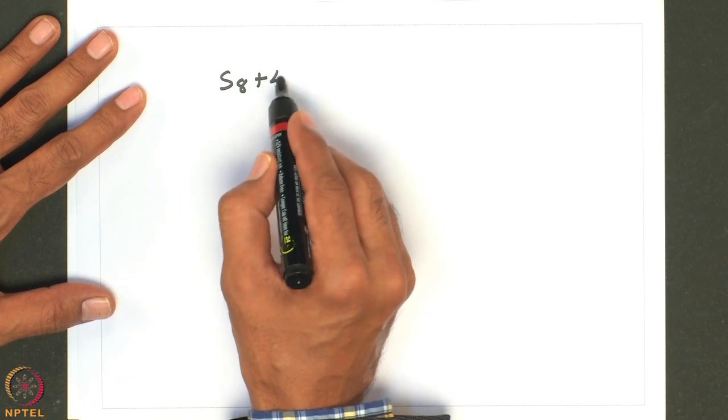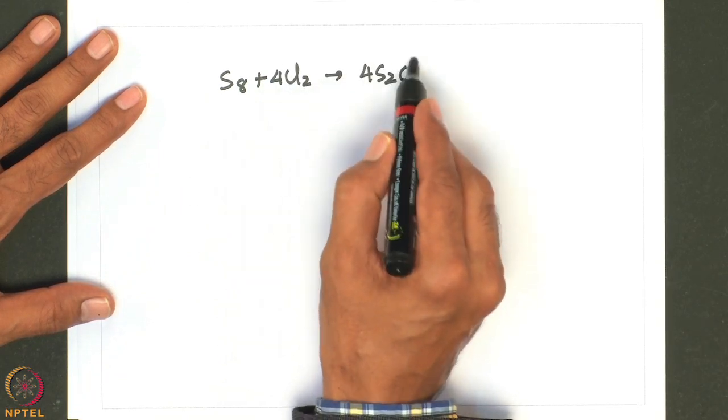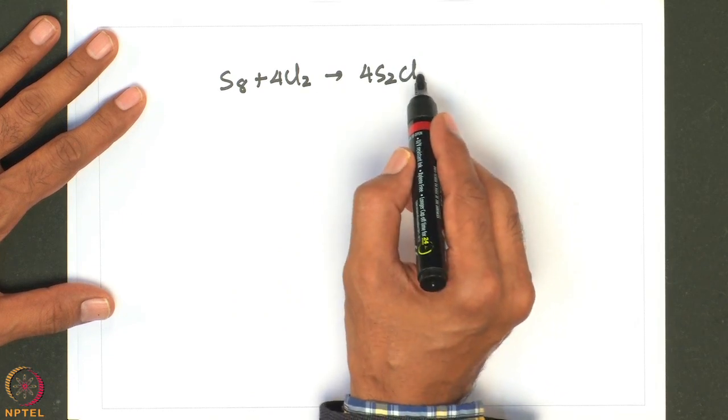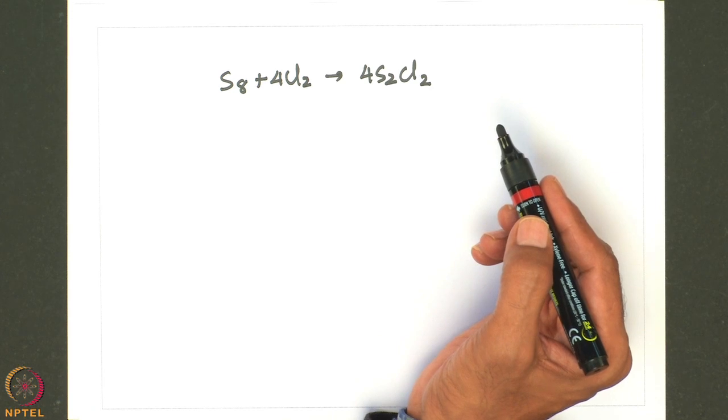Quickly let me write S8 plus 4Cl2 gives 4S2Cl2. Only stable species is bent SCl2, which disproportionates to give S2Cl2 and Cl2. So, SF2 is even less stable.